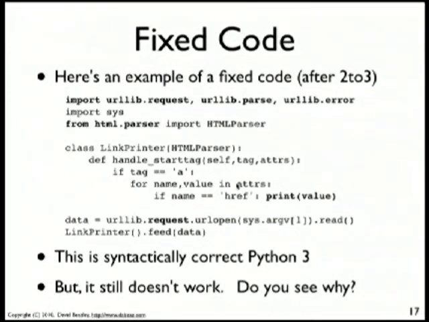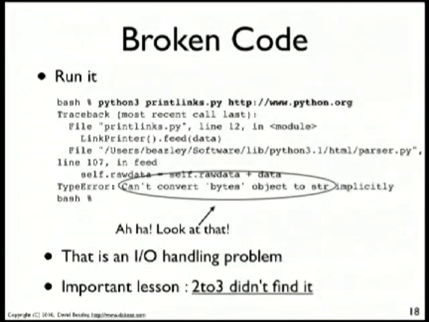The takeaway is that 2to3 does not find everything that's wrong with your code. If you're working with a big project and porting to Python 3, there is a tool that can find things like module names and syntax, but it cannot find subtle semantic things like that.